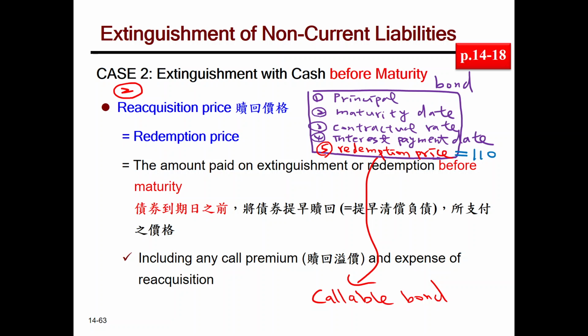So we decide the price already on your bond. So this is how we find out the second number, the redemption price.